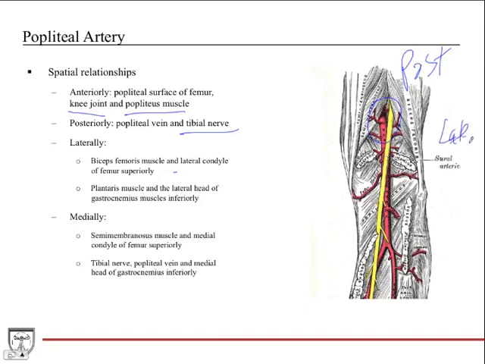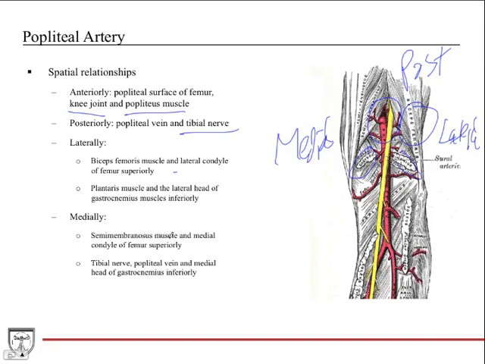So this would be lateral. This would be medial over here, because here's those pes anserinus tendons right here, semitendinosus, one of the muscles of the pes anserinus. So here's that biceps femoris, and then the lateral condyle of the femur would be about here, so superiorly. And then plantaris muscle and the lateral head of the gastrocnemius muscle inferiorly. So here's the gastrocnemius. It's actually cut, but here's the origin right here of gastroc, both here and here, flanking the artery.